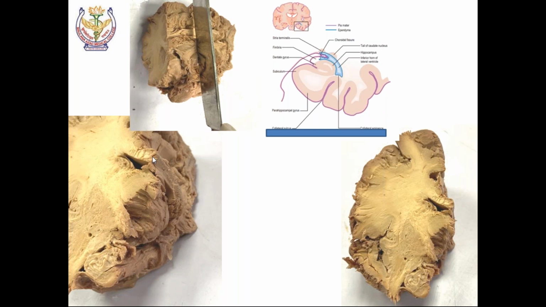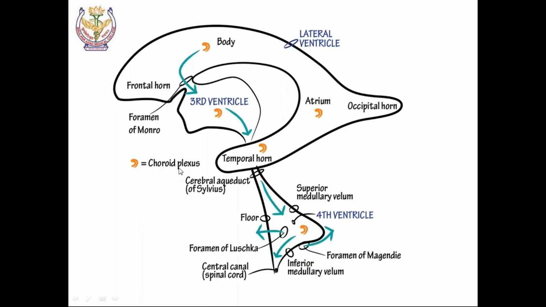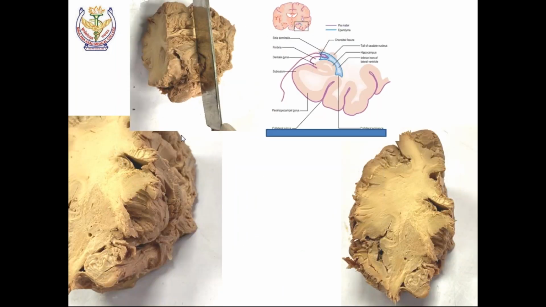Sorry, this is the medial surface, and this is the coronal surface or anterior surface now. So what you can see is the corpus callosum here.